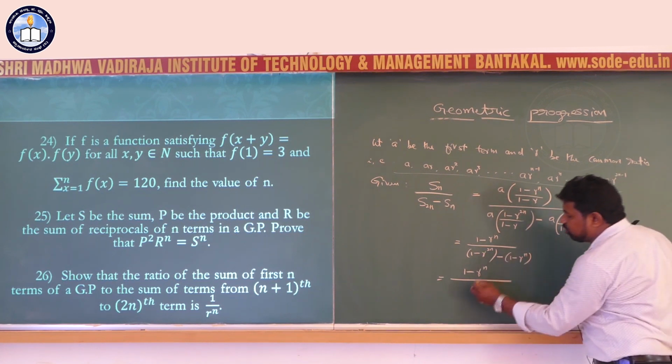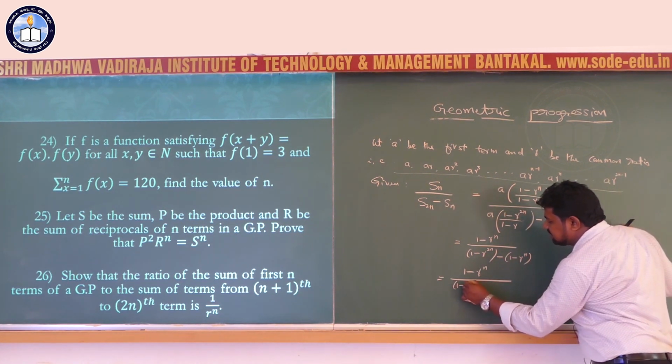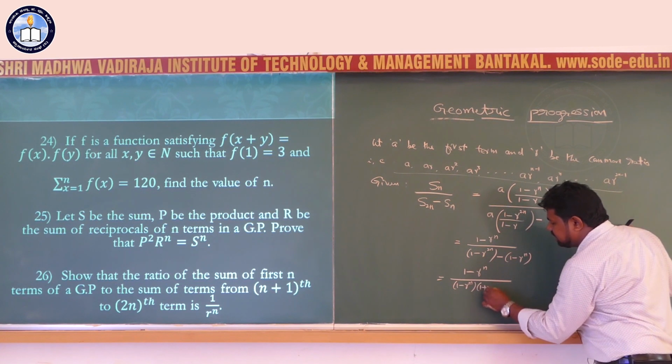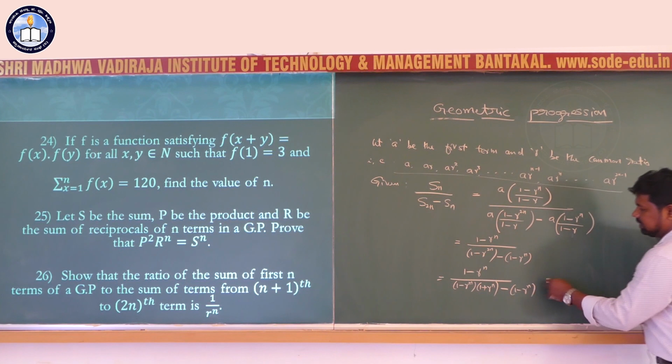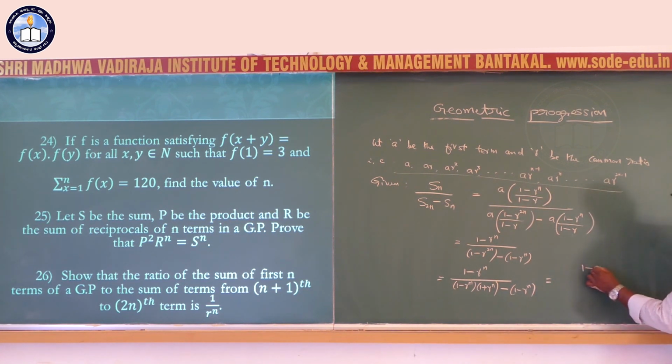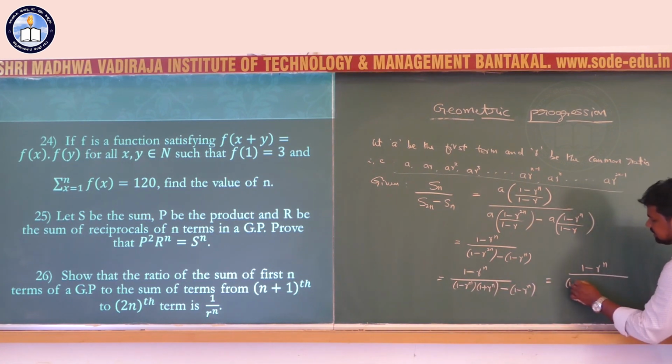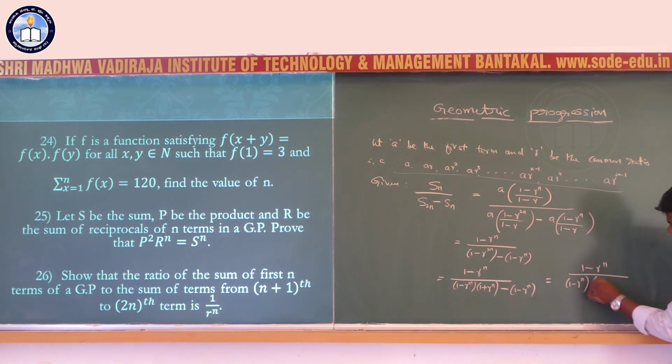Therefore 1 minus r power 2n can be written as 1 minus r power n into 1 plus r power n, minus 1 minus r power n. That is equal to 1 minus r power n divided by, in these two 1 minus r power n is common, in the first term 1 plus r power n remaining, minus in the second term 1. These two are cancelled, that is 1 plus 1 and minus 1 cancel, that is 1 by r power n.